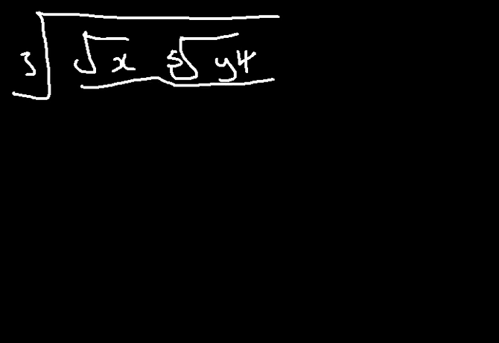Let's say we have the cube root of the square root of x times the 15th root of y to the power 4, divided by the 7th root of q to the power 4. So how should you simplify this one?